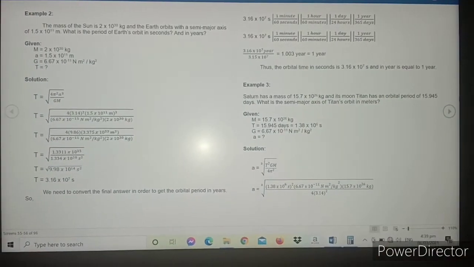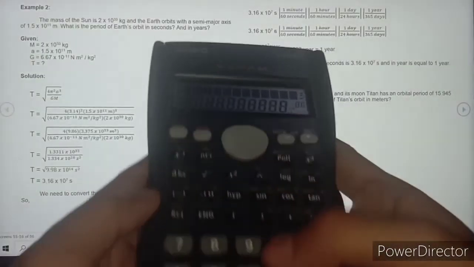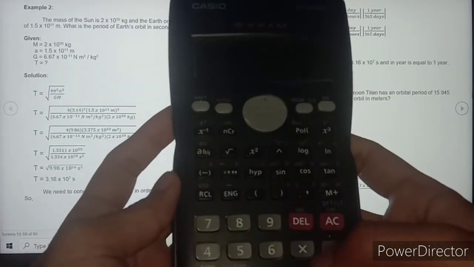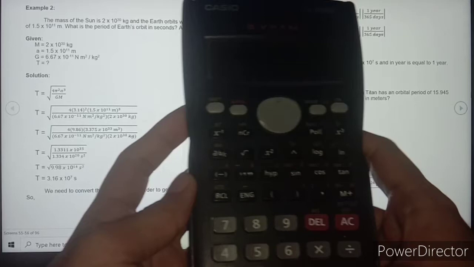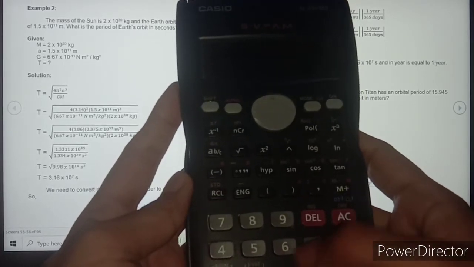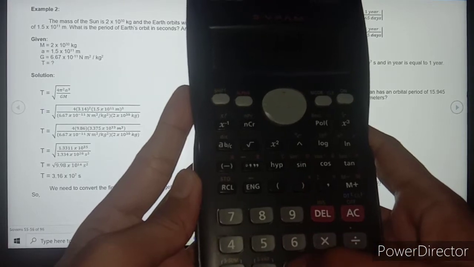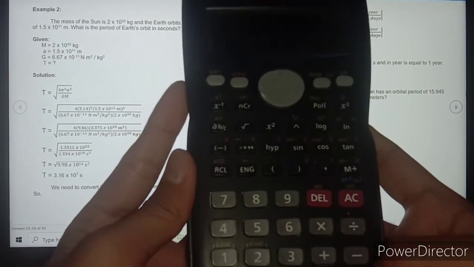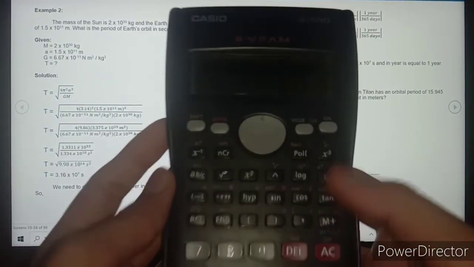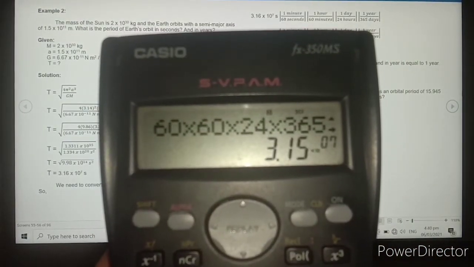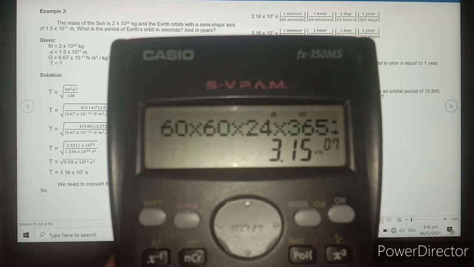Okay, so kuhanin natin ngayon yung product ng lahat ng nasa denominator. So we have 60, ayan, for 60 seconds, times 60 for the minutes, times 24 for hours, and then times 365 for the days. Okay? So, the answer is 3.15 times 10 raised to 7. Alright?